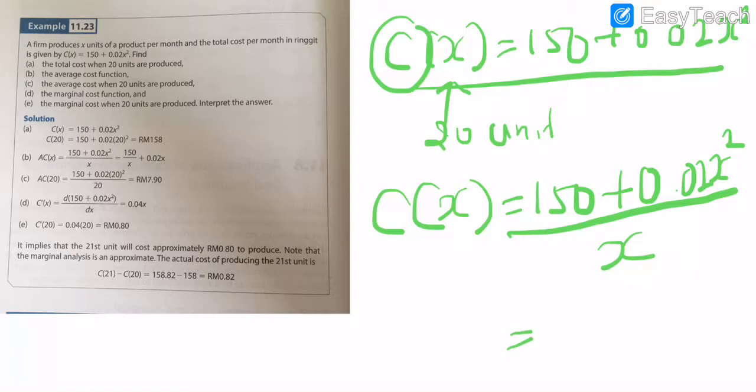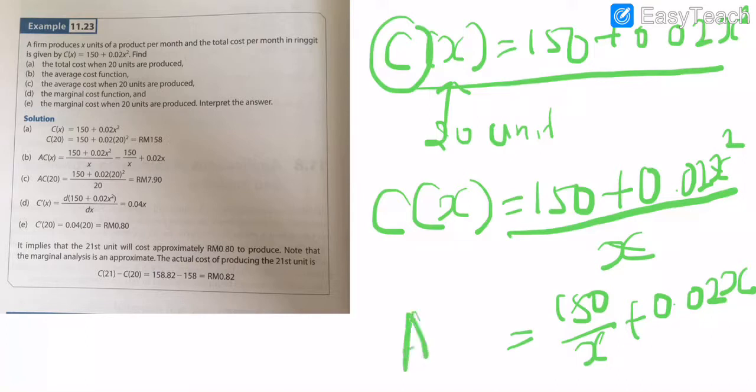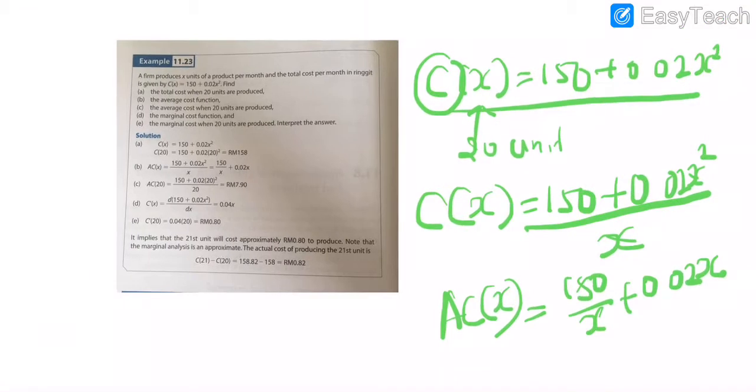So which is 150 over x plus 0.02x, because the x here has been cancelled, so only this is left. So this is the average cost function. Okay, so the C is the average cost when 20 units are produced. So you just replace the x with 20.